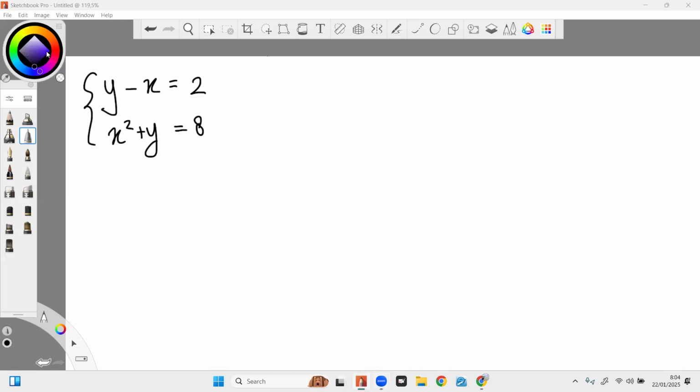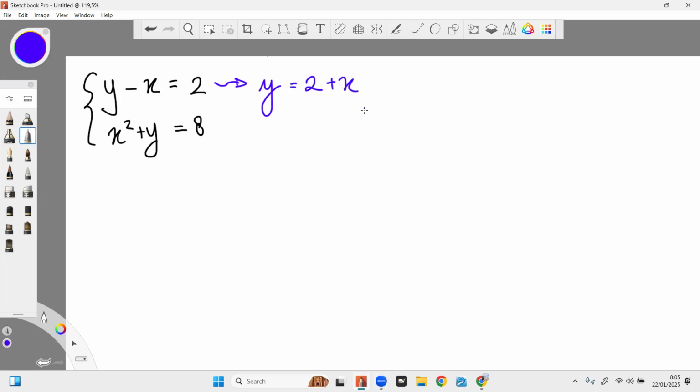Okay, we start the explanation about this. There has to be a connection from this first system to the second system. However, we don't get it clear. So you have to make it clear first. You put the negative x on the other side of the equation. So y equals 2 plus x.